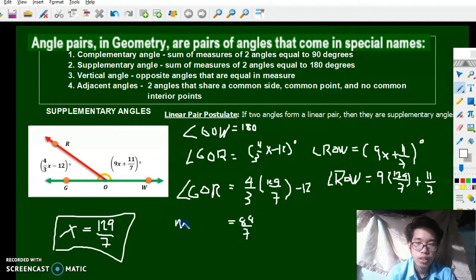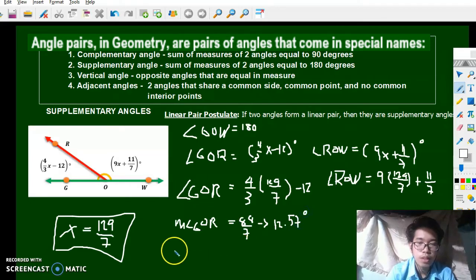Let's write that cleanly. The measurement of angle GOR is equal to 88 over 7, or if you translate that into decimals, that's 12.57 degrees. Okay, so let's get the value for angle ROW.